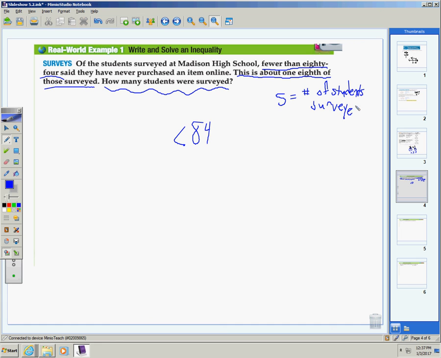And I know about 1/8 of S is less than 84, because fewer than 84, which is about 1/8 of those surveyed, said they've never purchased an item online.